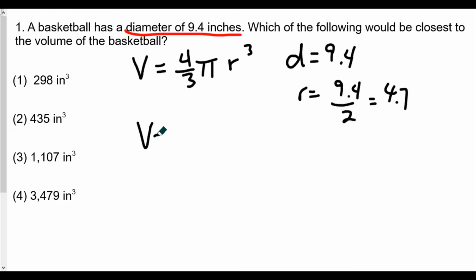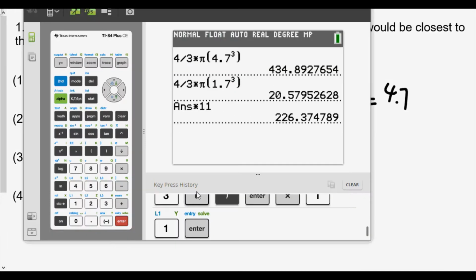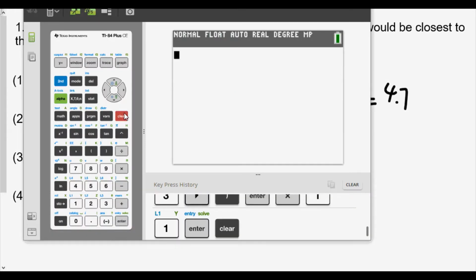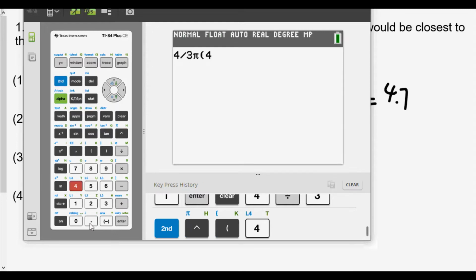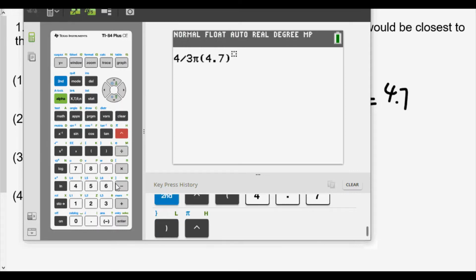Okay, so we're going to take our calculator. Volume is equal to 4/3 pi times 4.7 to the third power. So let's clear all this out here. We're going to do 4 divided by 3, and then pi, times 4.7 raised to the third, and then enter.